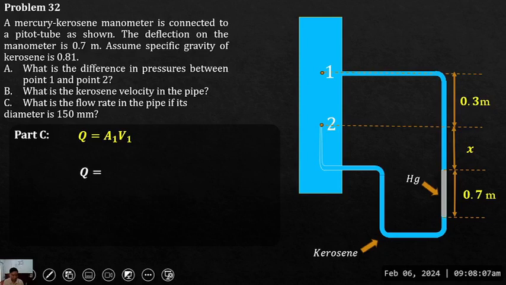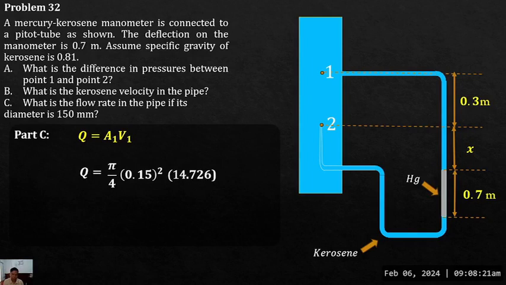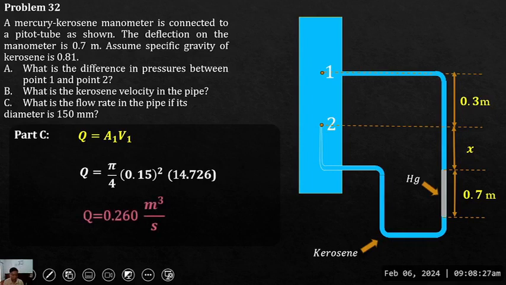So, area 1 natin, that's pi over 4 times yung diameter na given, that's 0.15 converted into meters, squared, times yung nasolve natin sa velocity 1 na value which is 14.726. So, we can now have a value for Q which is 0.26 cubic meter per second. So, that's the answer for part C.